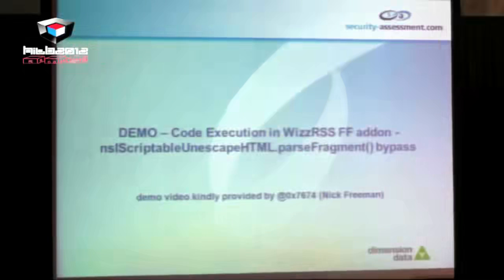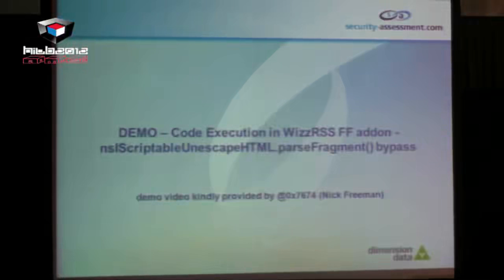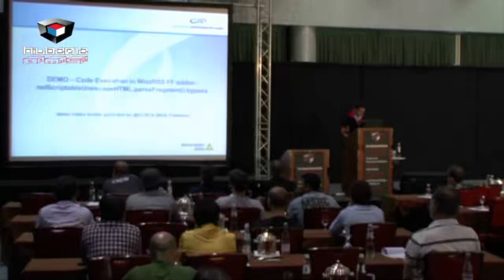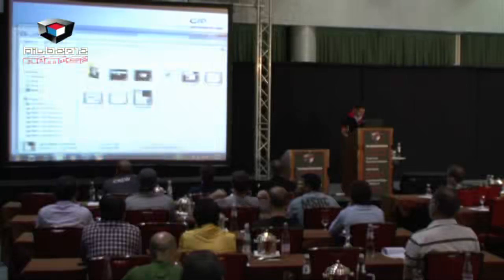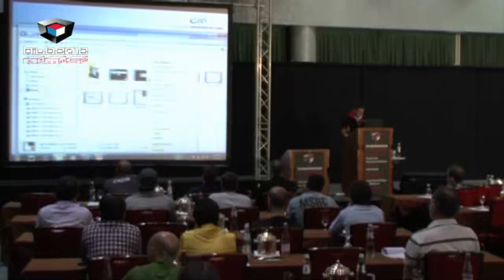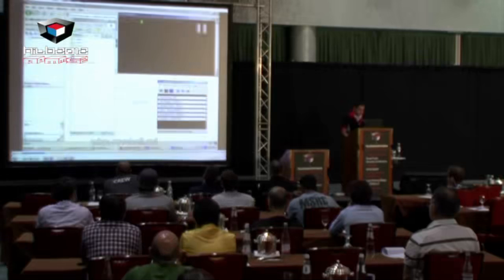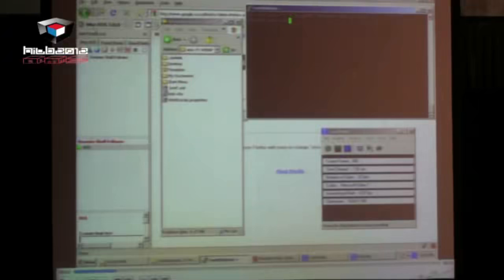So I'll show you a demo of that add-on that we found vulnerable, the one the guy was complaining about. Let's see, I got a video here, which is easy. This is the RSS reader on the left side, and this is the malicious RSS feed.